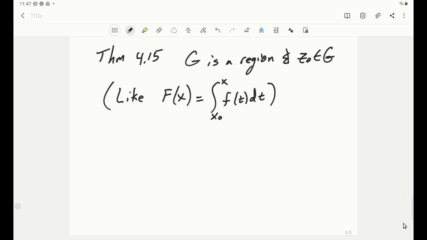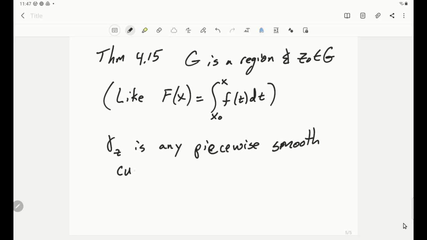So what do we need? We'll call it gamma z, is any piecewise smooth curve, or path, in G from z0 to z.